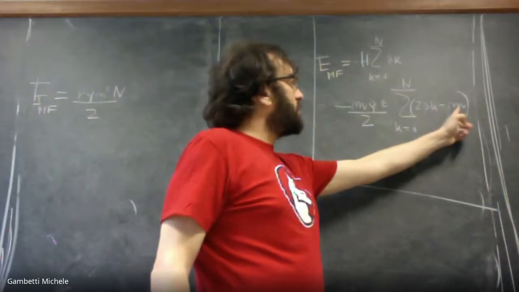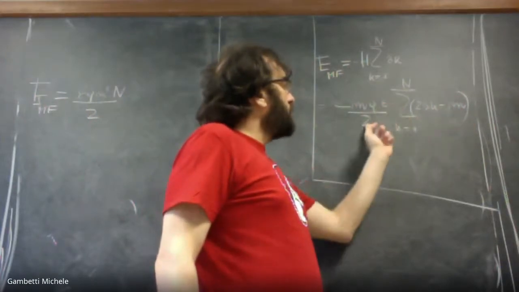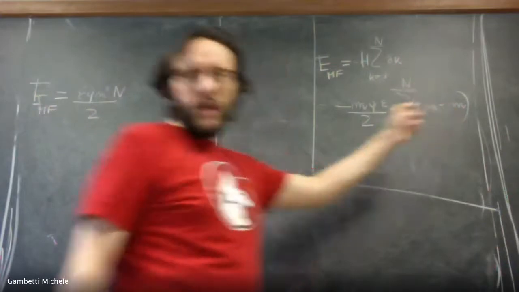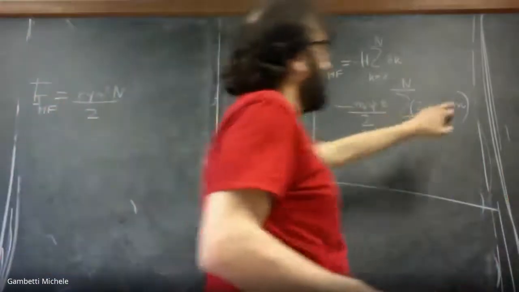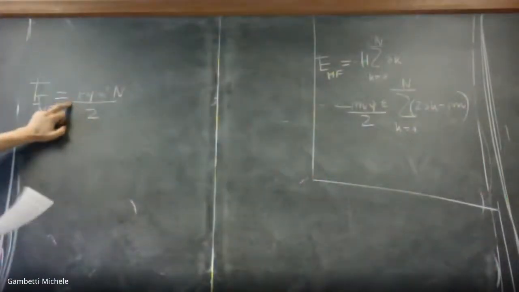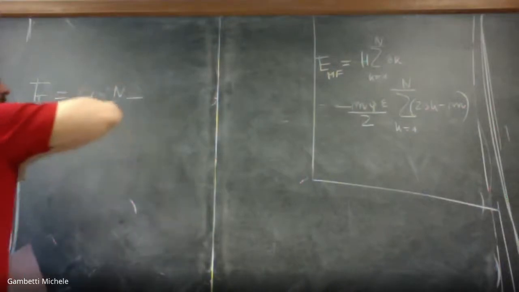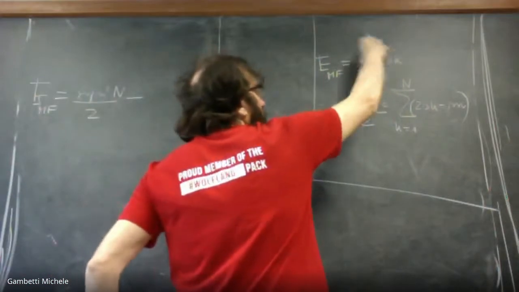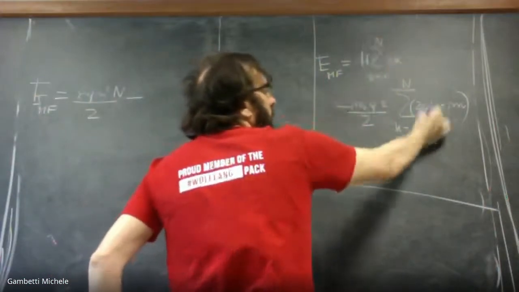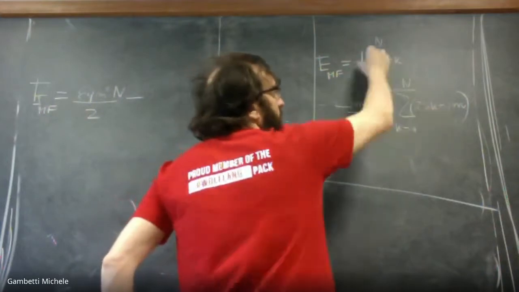M is constant, and therefore I have m squared q epsilon over 2 times n, because I have n terms. It's with a plus, because it's a minus minus, so I have a plus epsilon q m squared n divided by 2. Here you see that the interaction with the external field and what is left from the mutual interaction are the same, apart from some constant.